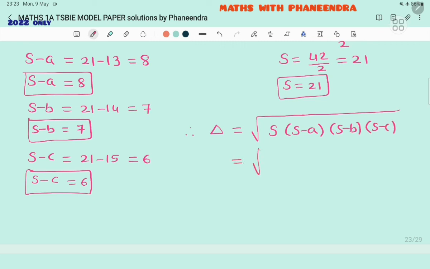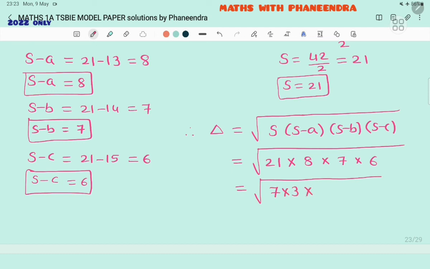That is root over 21 into 8 into 7 into 6. 21 can be written as 7 times 3. 8 can be written as 2 into 2 into 2. 6 can be written as 2 into 3. Already one 7 is there, and one more 7, so 7 square.